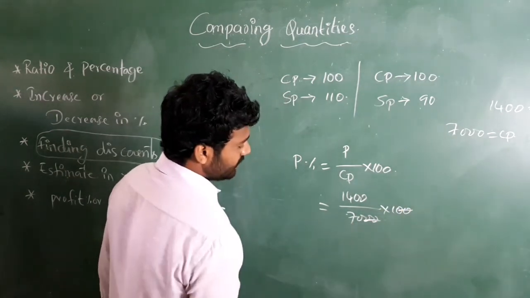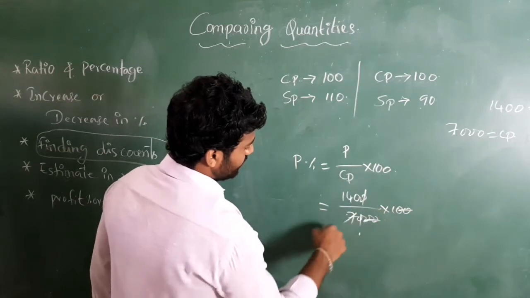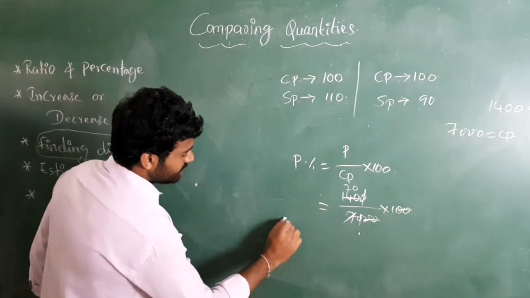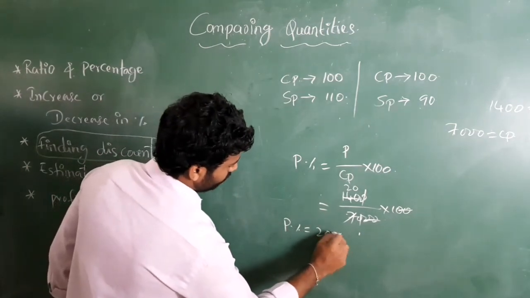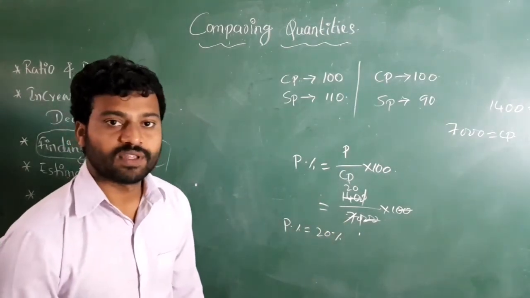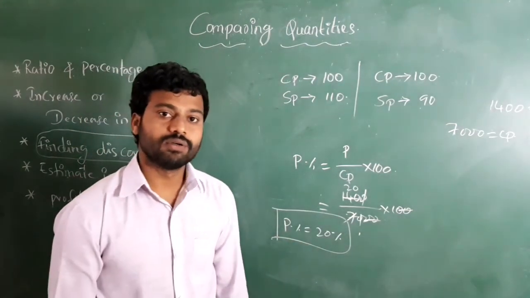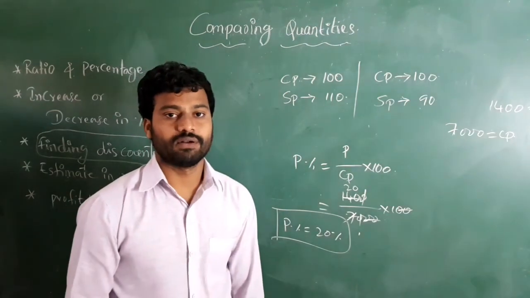Two zeros we cancel. 7 1s are 7, 7 2s are 14. So what is the profit percentage? 20%. We got 20% profit here.